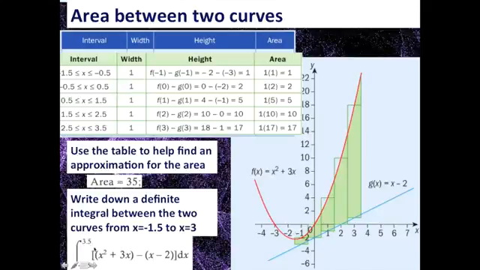So in this instance, this is the larger function, so we'd integrate between negative 1.5 and 3.5 for f of x minus g of x. And if you do that on your calculator, you should get an answer of 35.4, which is fairly similar to this, but just a little bit more accurate.